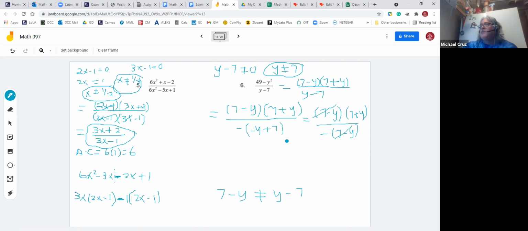And what I've got is a factor of -1 down there. So what I got is 7 plus y over -1, or you can just write it as -7 plus y. So this is the kind of factoring that we looked at briefly in chapter 6, but you can always factor out a -1 out of anything.